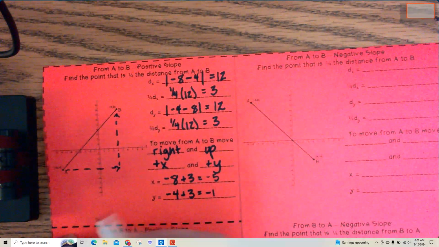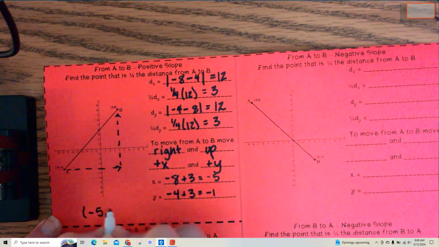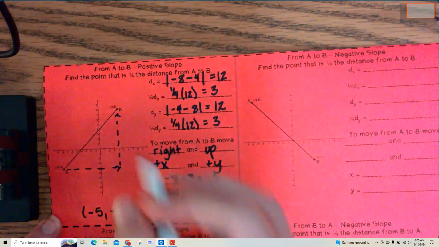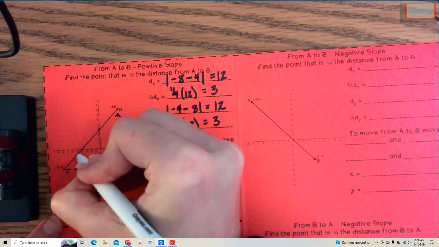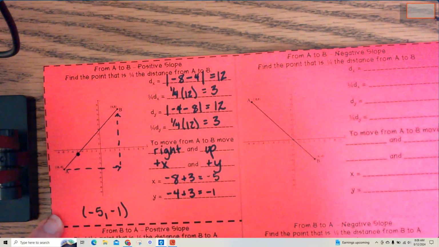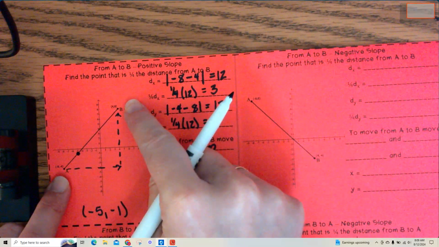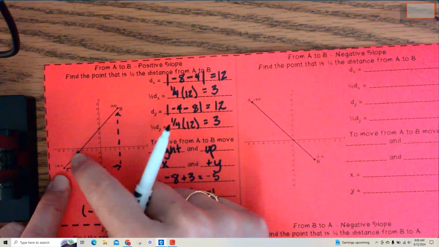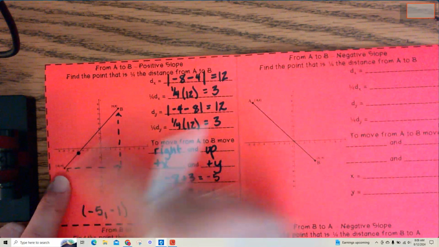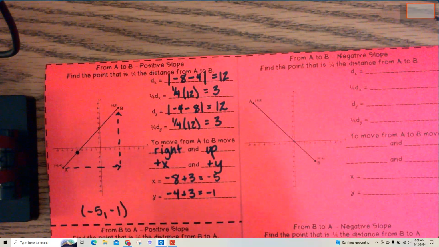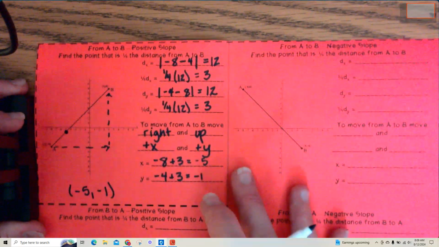And so that's the location of our new point, -5, -1, which would be right there. So from A to B, a fourth of that distance would be this point right here. So the way you move and the direction you move has a big effect on this.